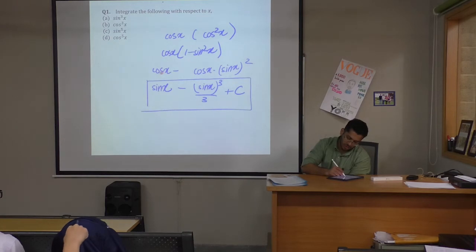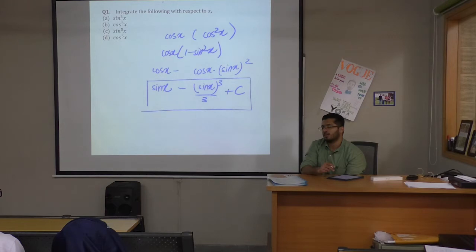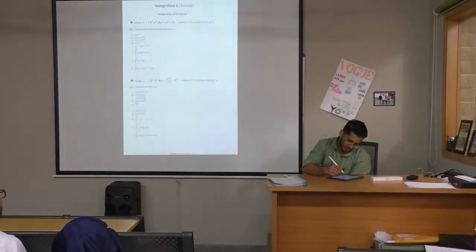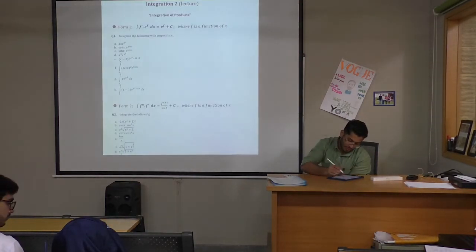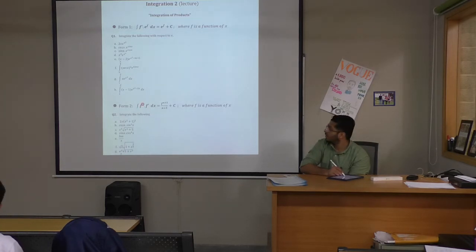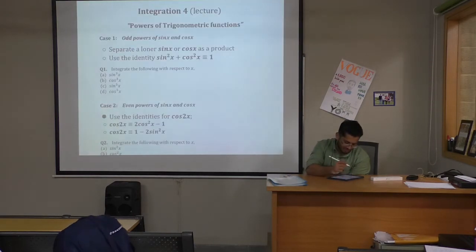This second cos here, that's not product form 2. Just go look up integration 2. You remember doing this, right? You have a function encapsulated by a power, and you have the differential as a product. The integration is: add 1 to the function's power, and divide by the new power.